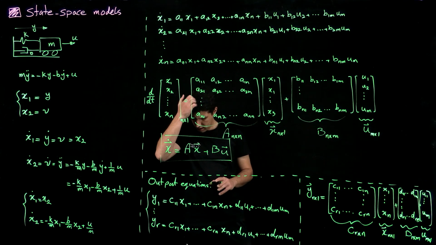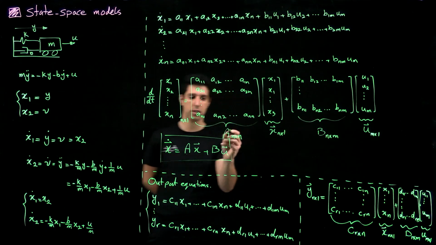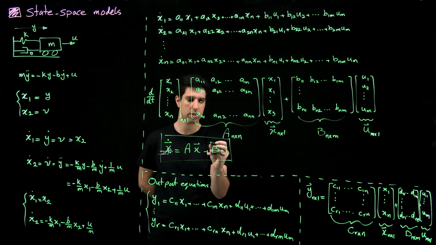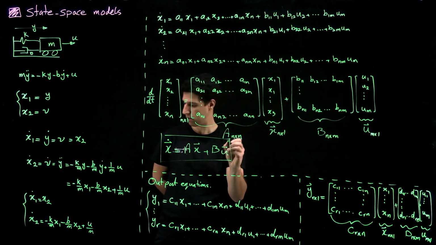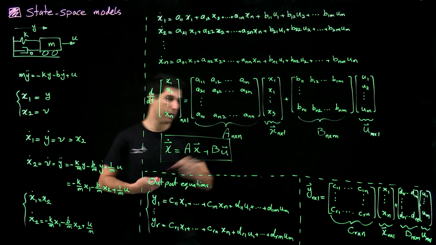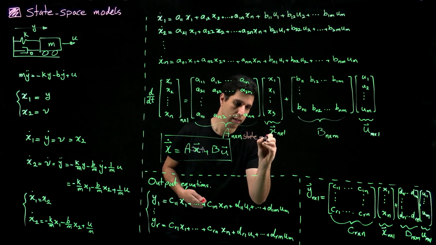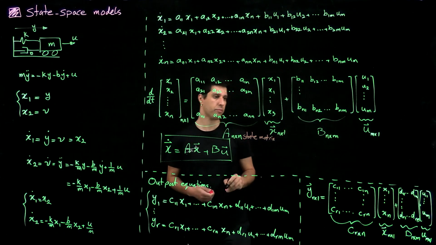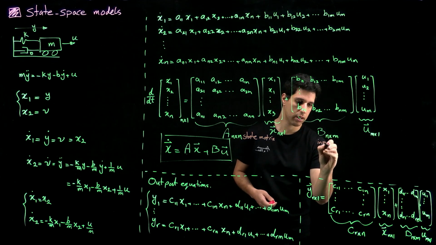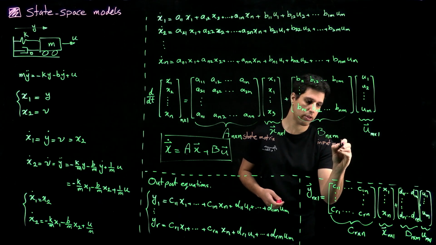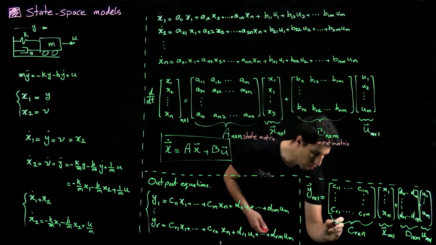Maybe something I should mention here. This A is sometimes called the state matrix. This B is called the input matrix. C is called the output matrix.